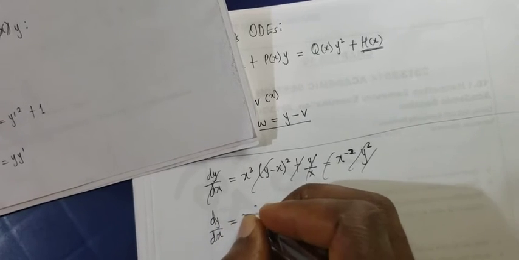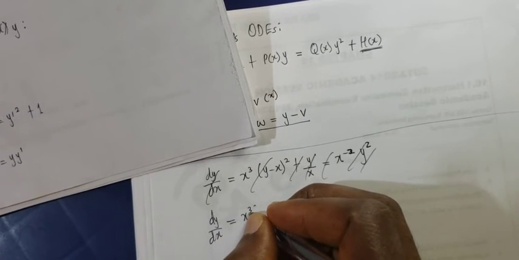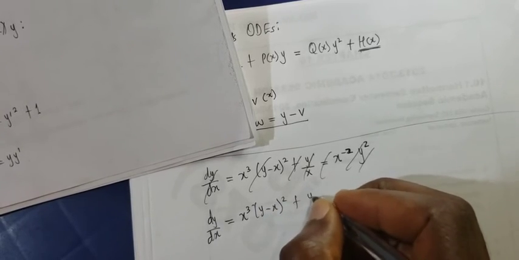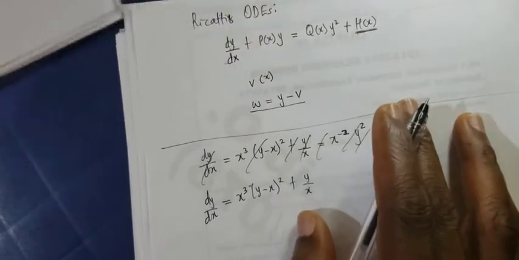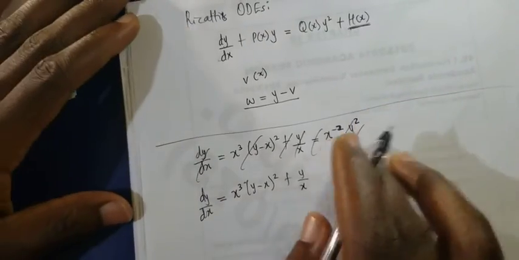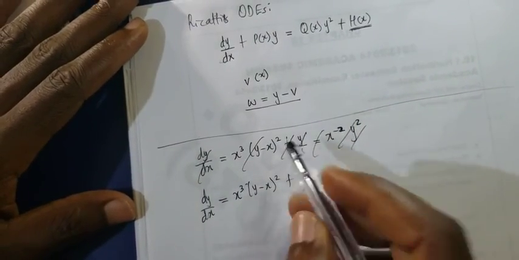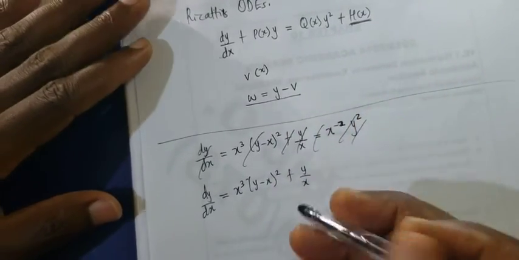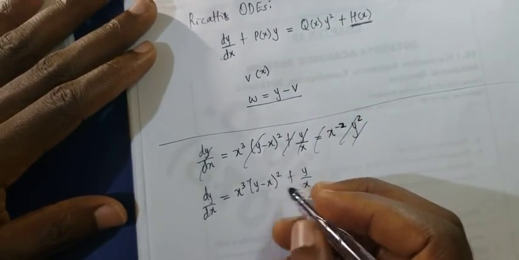This is dy/dx equal to x to the power 3 into y minus x, all squared, plus y over x. We can just open up the bracket to see that it's actually of the same form as the general Riccati ODE.